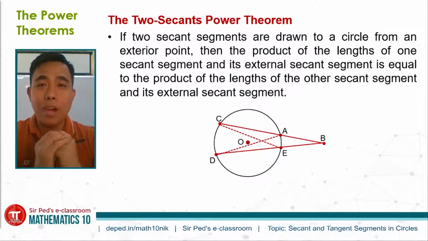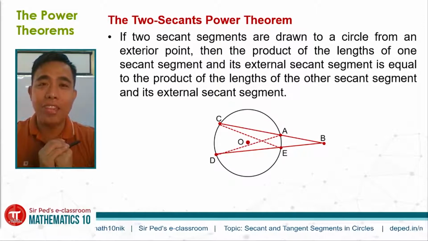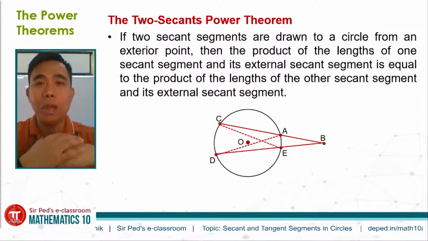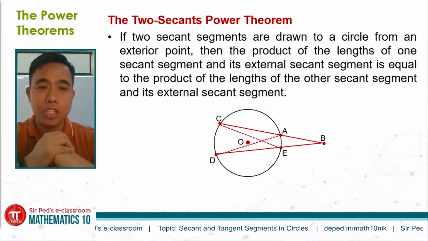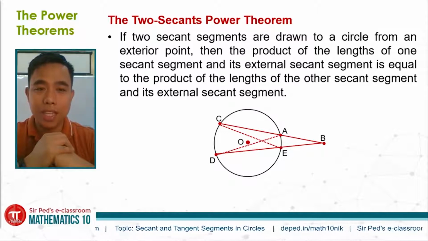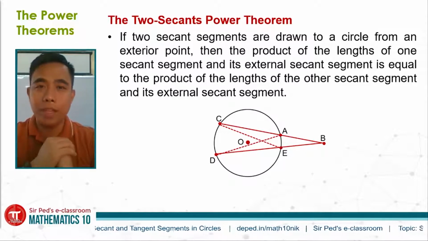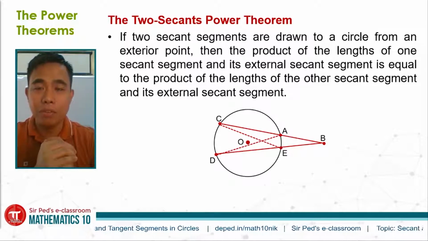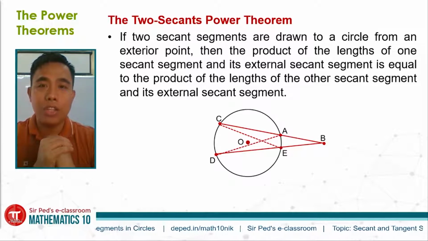And now, we are ready to prove theorems involving secant segments and tangent segments, and they are called power theorems. The power theorems establish the relationships between the lengths of the segments in the intersection of secants and tangents of the circle. The first theorem that we are going to discuss and prove is the two secants power theorem.